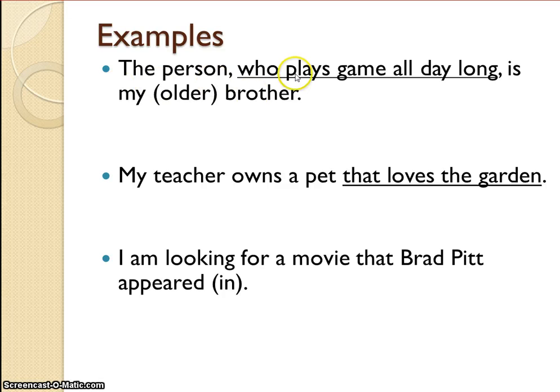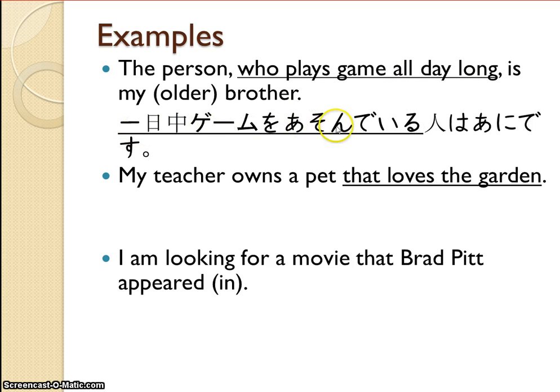Okay, the person who plays game all day long is my older brother. If you had this without the modifier, it would say the person is my older brother. 人は私の兄です. Or you could just say 人は兄です. Let's see how this would affect it. 一日中ゲームを遊んでいる人は兄です.